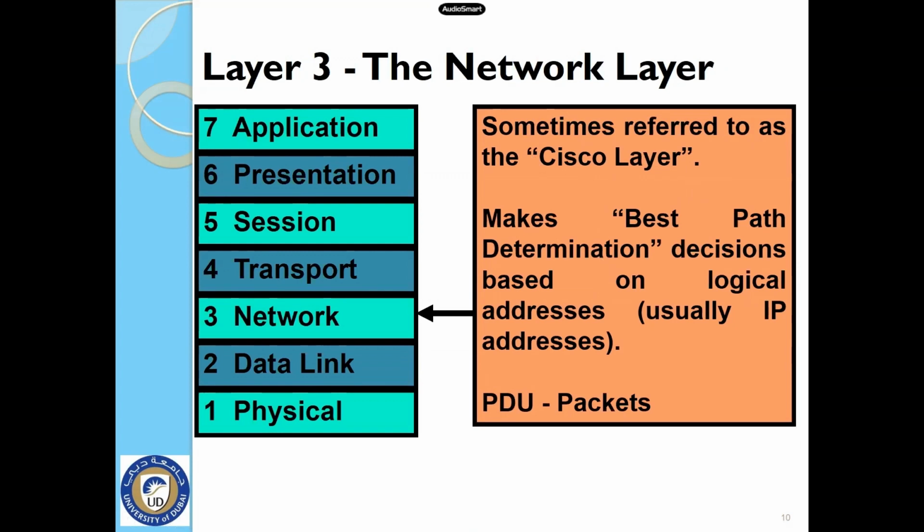The Cisco layer is responsible for determining the best path, and that could be based on the availability of certain routers, on traffic, and on logical addresses. This is usually going to be the IP address.